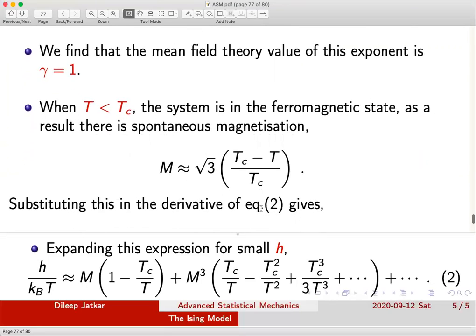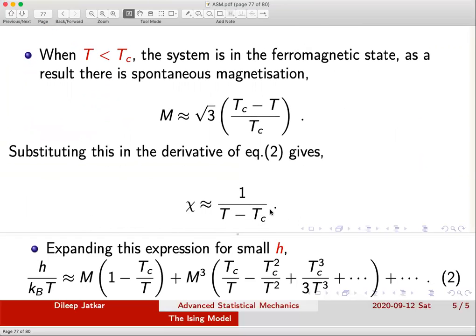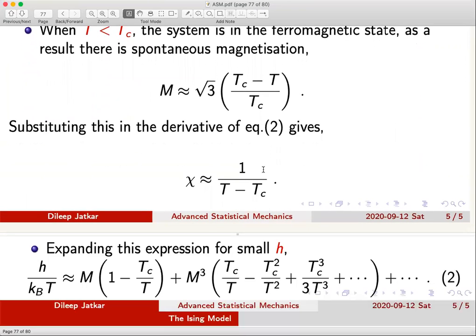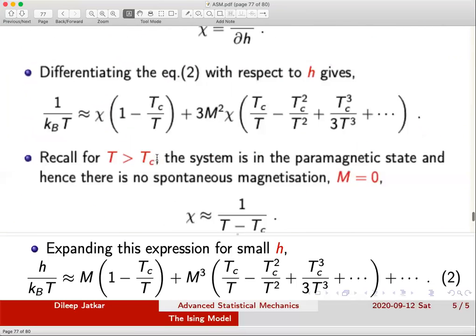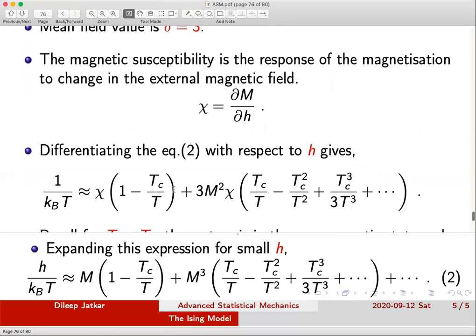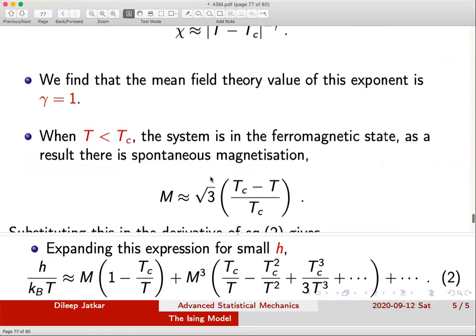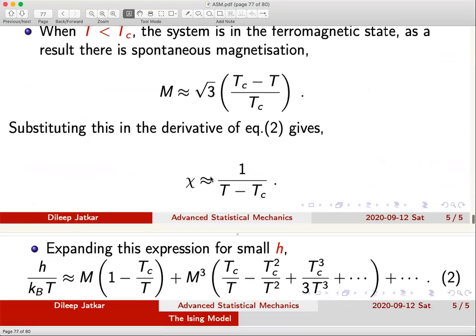You can plug that into the derivative of equation 2, the equation that we had obtained some time ago, and you find that chi still goes as 1 over T minus Tc. The coefficient is different, but it doesn't matter.